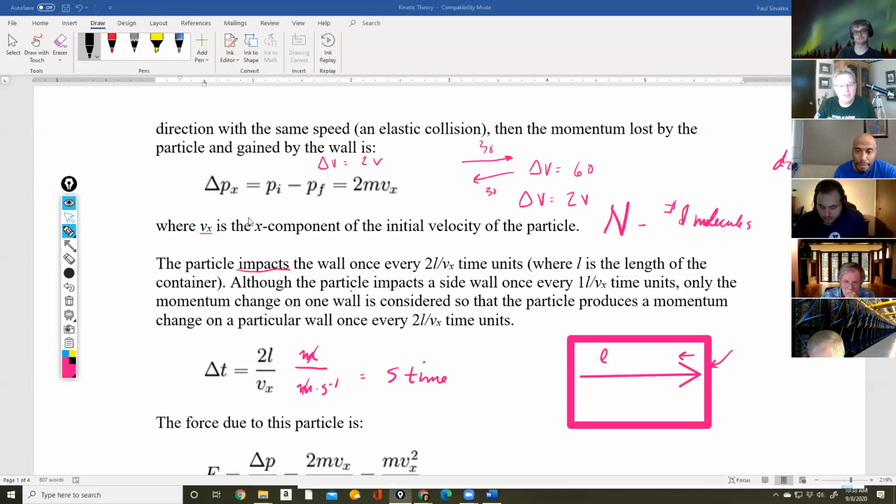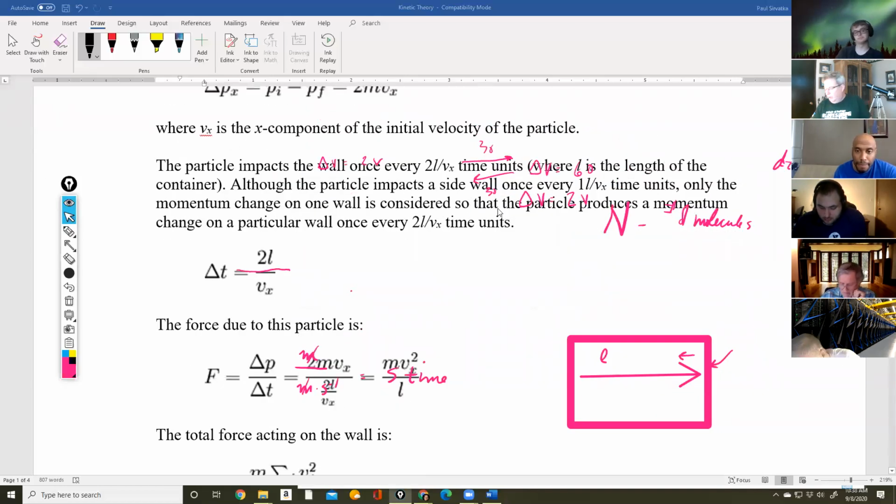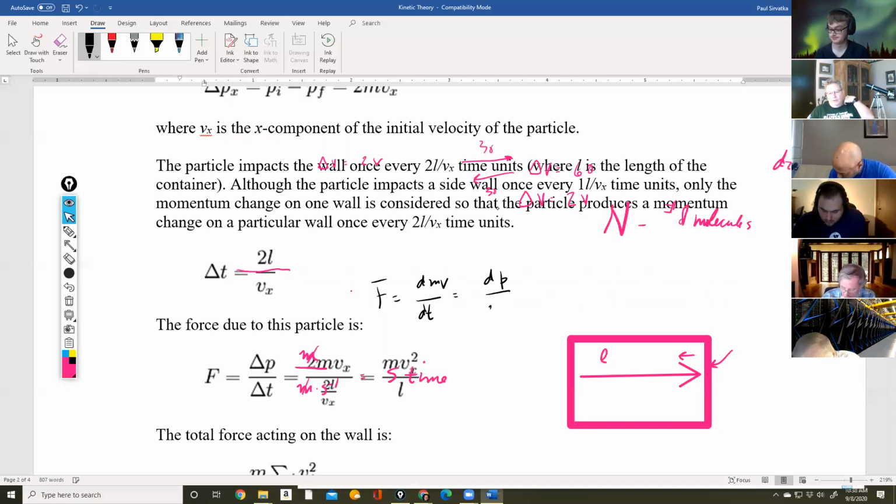So the force, and we know this is true, the force is defined as the change in the momentum over time, which we are saying is the change in P over time. But we're not doing derivatives. It's easier if we talk about the total change over the time. The total change in the momentum is 2 times the mass times the velocity in the x direction.